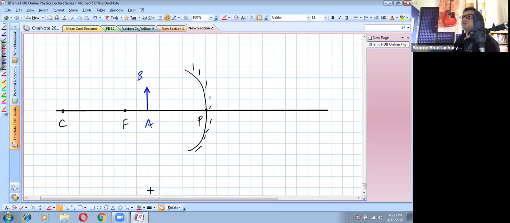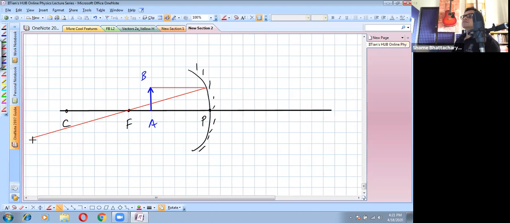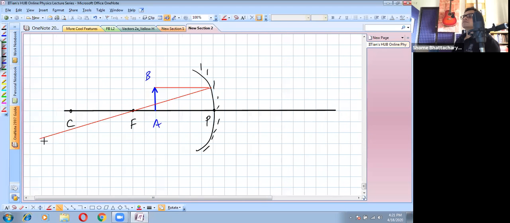Then I will come to formula and justifying it by formula. So what should happen here is that a ray which is parallel to the principal axis should after reflection pass through the focal point. So this is one type of ray.